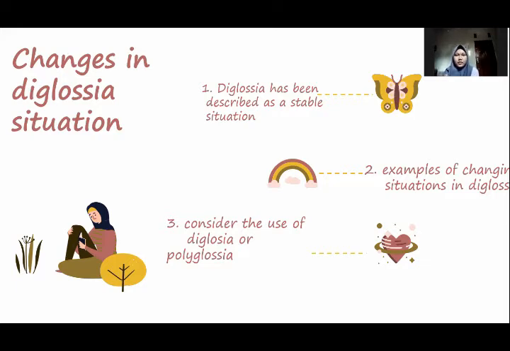Third, consider the use of the term diglossia or polyglossia. It is worth considering whether the term diglossia or perhaps polyglossia should be used to describe the complementary codes used in all communities. In all speech communities, people use different varieties or codes in formal contexts, such as religious and legal ceremonies, as opposed to relaxed casual situations.